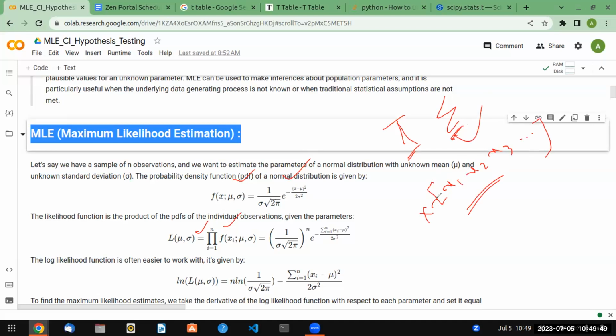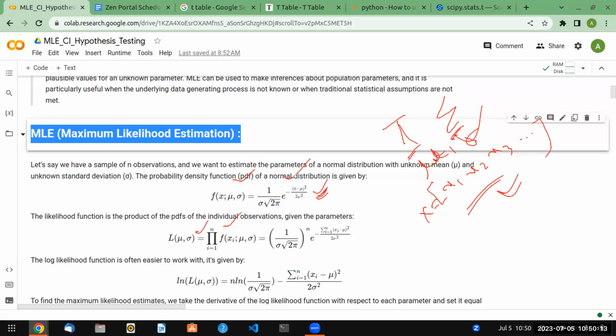See, this is given to me, and I don't know about mu and sigma. But the only thing I know is that this follows a normal distribution. That bell-shaped curve type of distribution, and this is the equation.